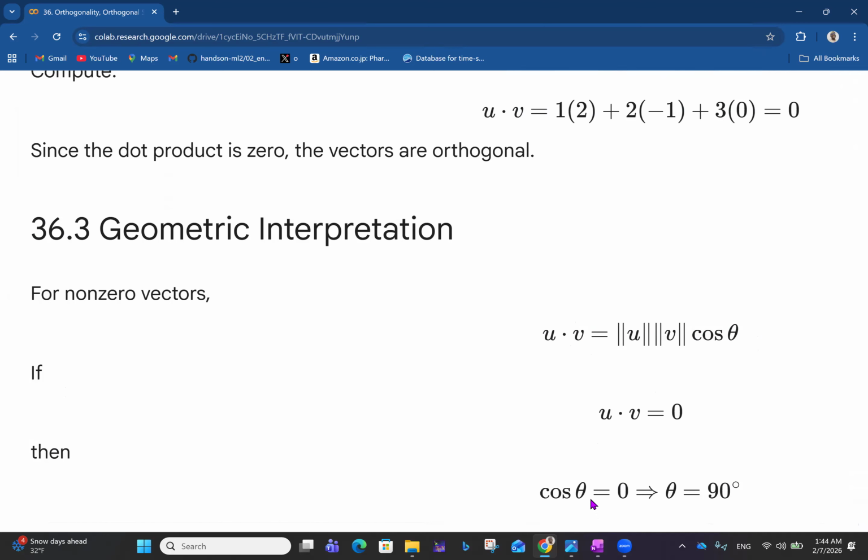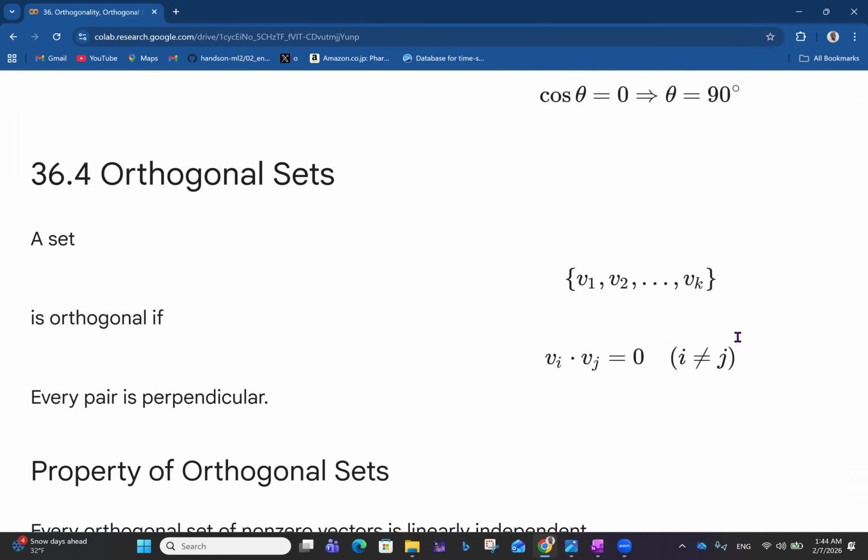That means if you divide through by the magnitudes of u and v, you get cos theta equals 0. That implies theta itself is 90 degrees. So for their dot product to be 0, the angle between them must be 90 degrees.